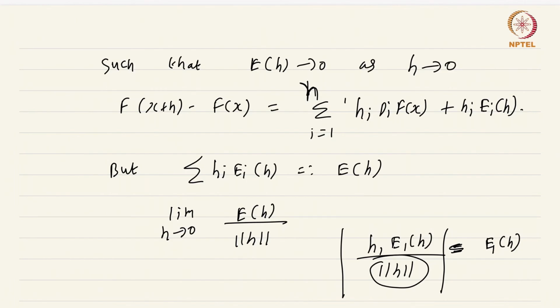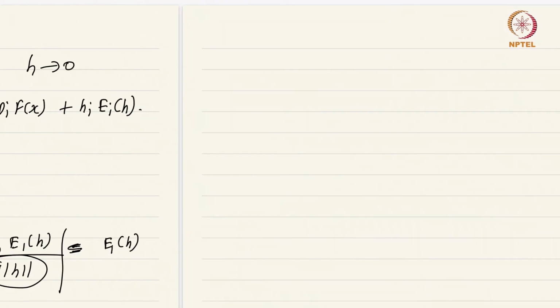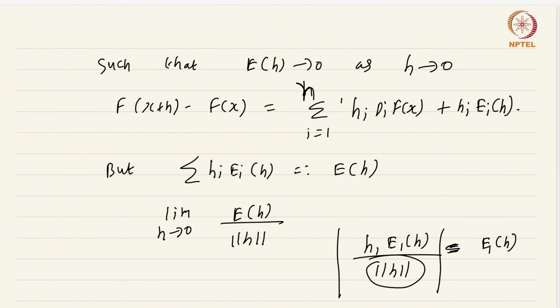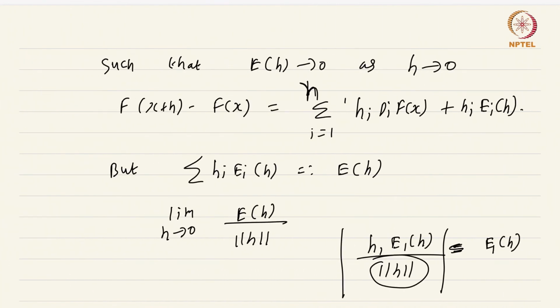Okay, so this just shows that the limit as h goes to 0 of e of h by norm h is equal to 0, because each term e_1(h) by norm h goes to 0.